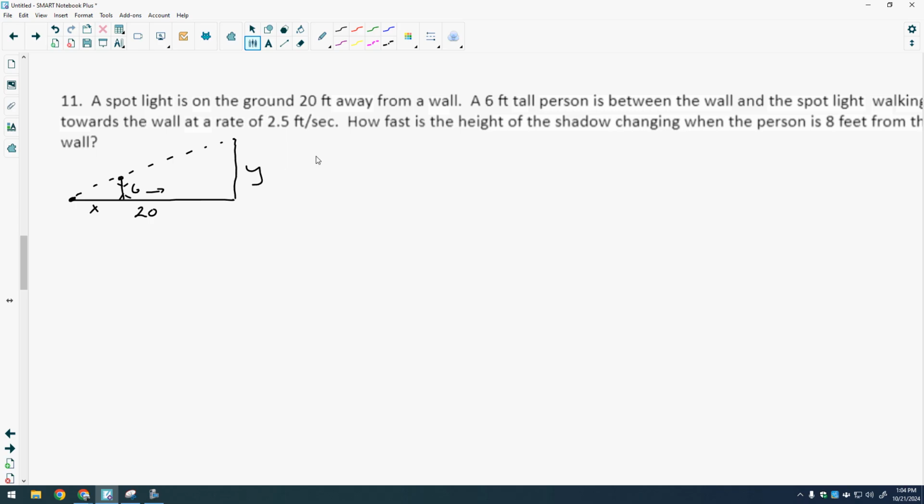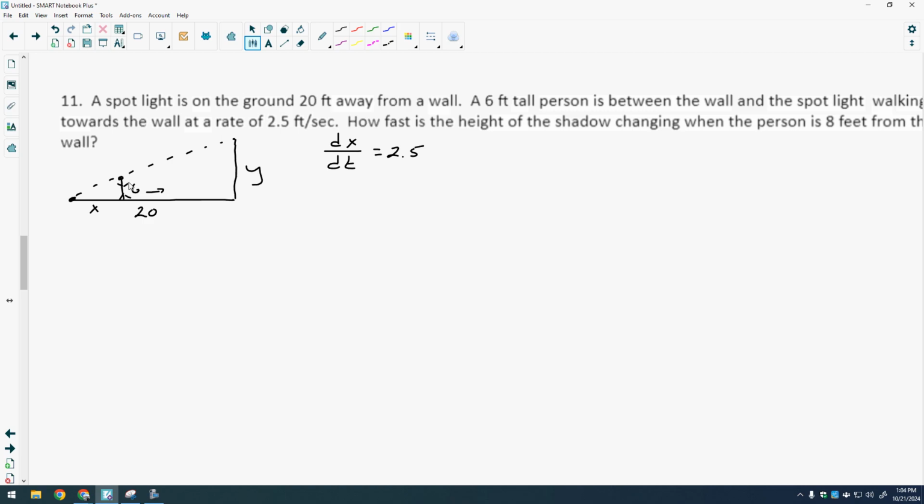Okay? So this dx/dt, the person is walking towards the wall, and so that dx/dt is increasing at 2.5 feet per second, so it's going to be positive.